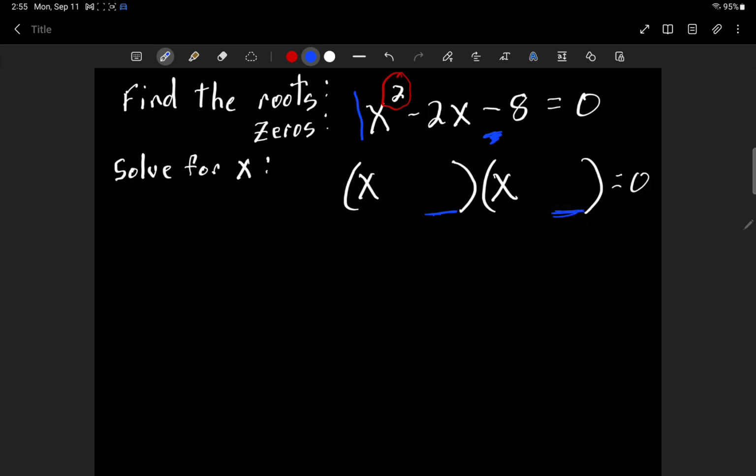Well, that means one of these has to be positive, the other one has to be a negative. A negative times a negative is a positive, and a positive times a positive is a positive, so it has to be that they're opposite signs. And I'm just going to go ahead and put my negative there and my positive there.